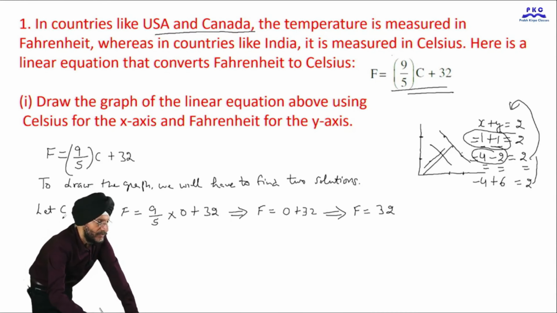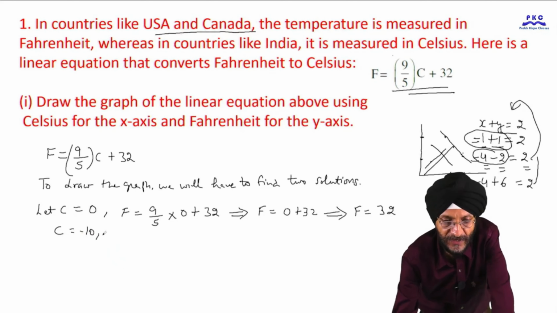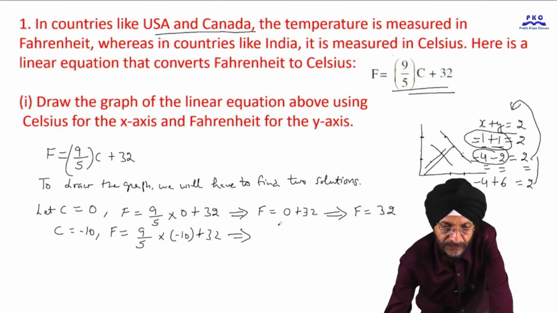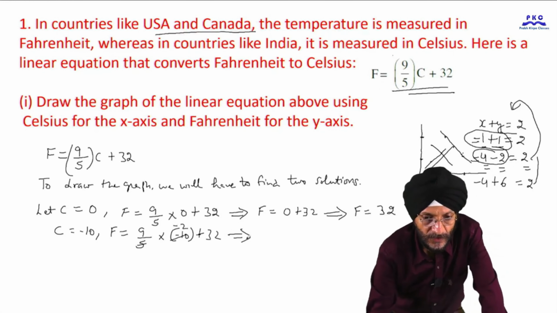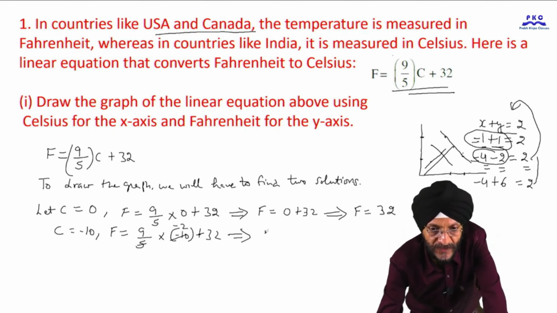Now we let C is equal to -10. What will happen? Then F is equal to 9/5 into -10 plus 32. Here we can cut by 5, giving -2. So, it will become F is equal to -18 plus 32.